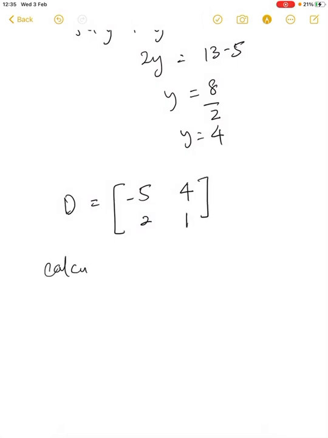Calculate 3D. So 3D is actually 3 times negative 5, 2, 4, 1. Okay, the number 3 outside the matrix is to be multiplied with all the elements inside the matrix.